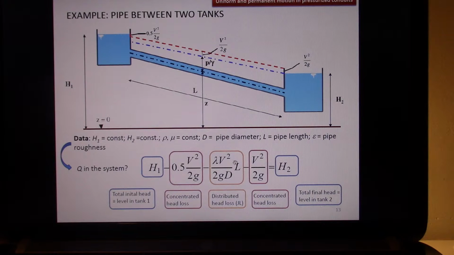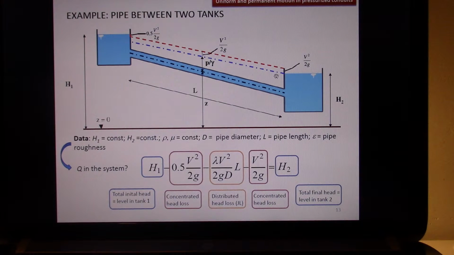So basically right here you have J times L. J, again, if we don't know what kind of flow is occurring inside the pipe, it is possible to assume the generic form for the computation of J, which is given by Darcy-Weisbach. So again, Darcy-Weisbach says that J is equal to friction factor lambda times v to the power of 2 over 2g times the diameter of your pipe. Hence, this term stands for your distributed losses along the length of your pipe.